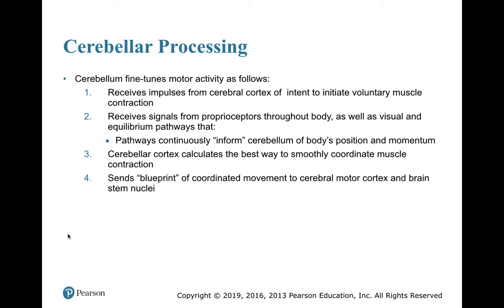The cerebellar cortex will then calculate the best way to smoothly move the coordinated contractions to get us where we want to be, and it will send that blueprint of coordinated movements to the cerebral motor cortex and the brainstem nuclei.